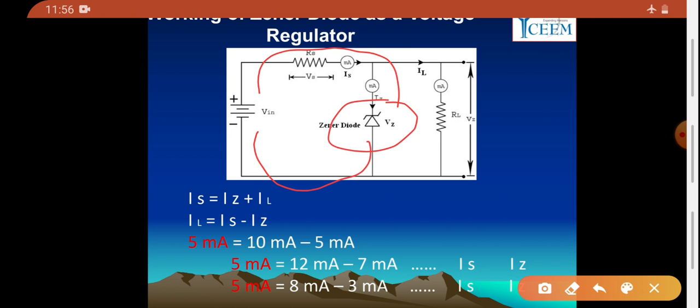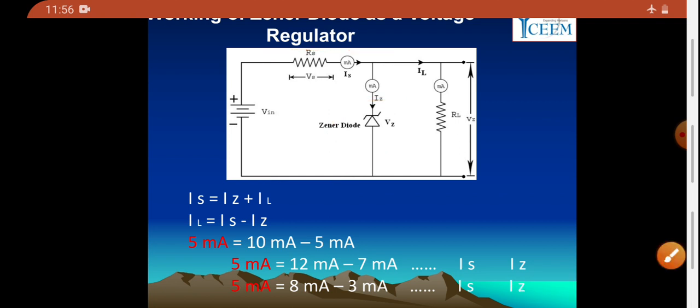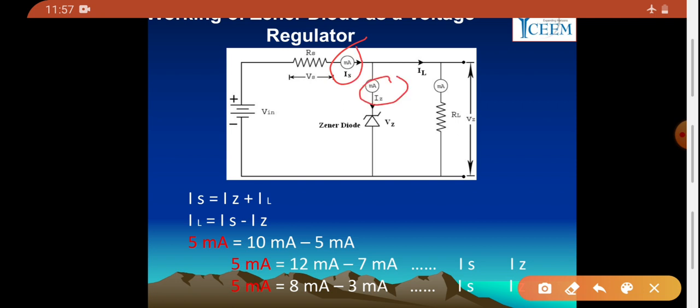So you can see Rs, through which Is is the current flowing, and you can measure Is by using this milliammeter. Iz is the current flowing through the Zener diode. You can measure it using this current meter. IL is the load current flowing through RL, whose current can be measured by using this current meter.